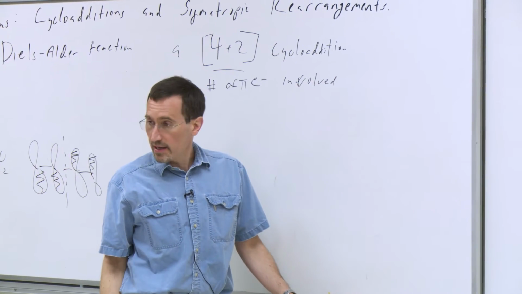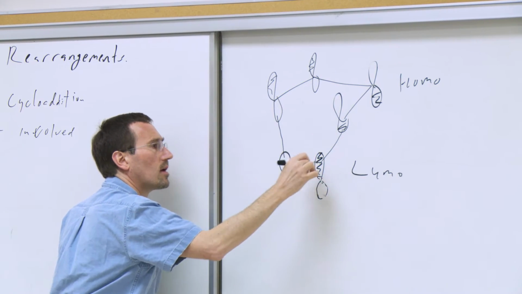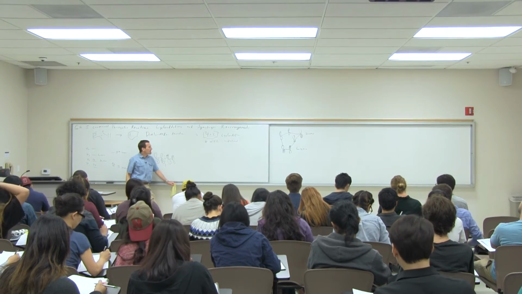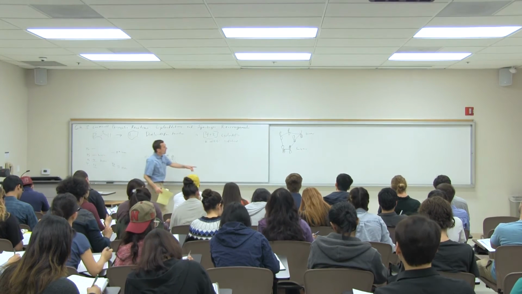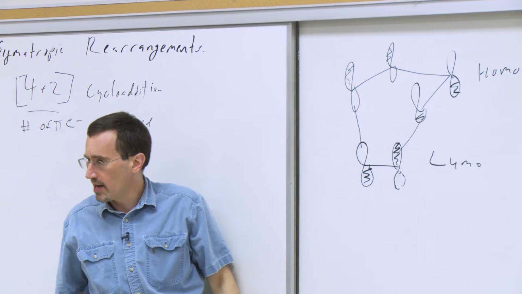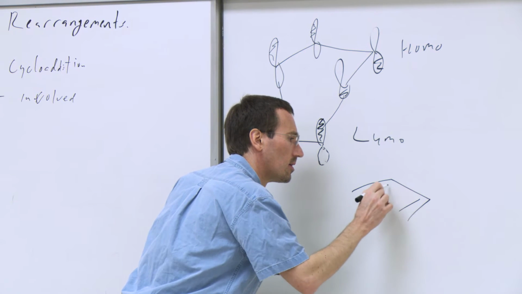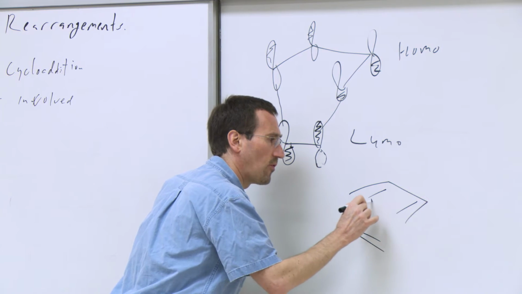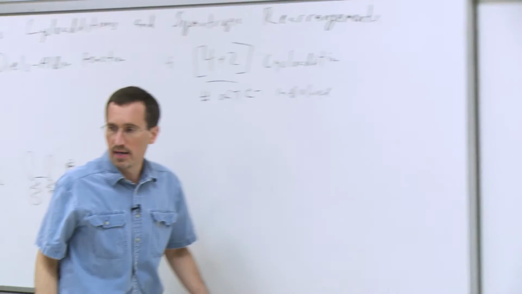And you'll see that we can combine the HOMO and the LUMO, and we get a net overlap at both points. In other words, we're set up to form the new sigma bonds that we get in the product. So in other words, the diene swoops in over the dienophile, and we are forming the new bonds. We're set up to get those new bonds here.